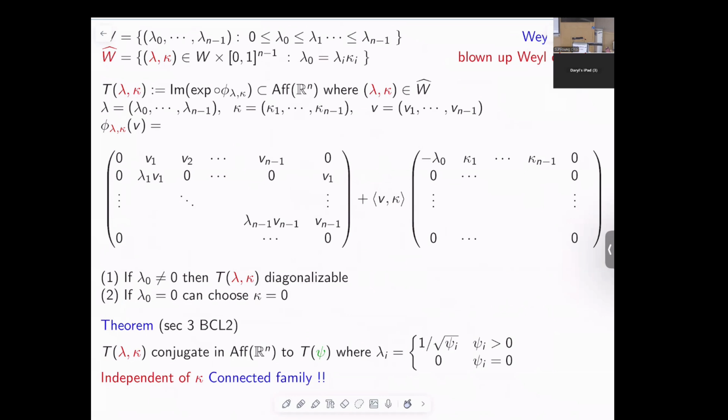And if the weights are distinct, if that term's not there, this group is conjugate to a diagonal group. So somehow putting all that together, well, there's a longer explanation in the paper about where this comes from, but this discussion about something like this has to exist and you play around and this comes up. Anyway.